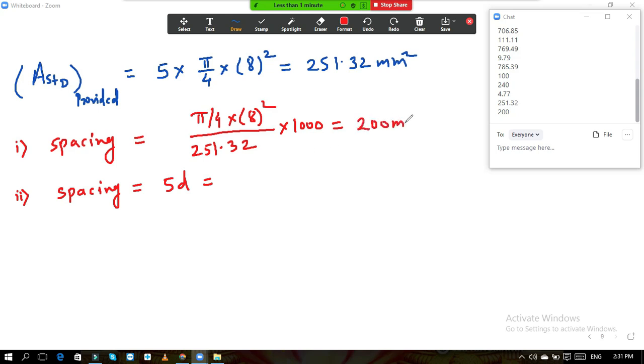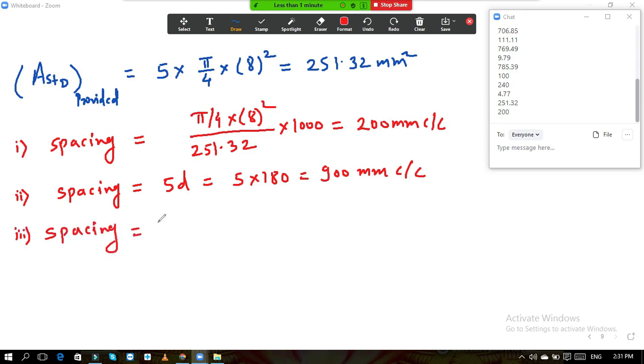This is 200 mm center to center. This is 5 into 180, which is 900 mm center to center. And third one is spacing is equal to 450 mm in no case for distribution steel.